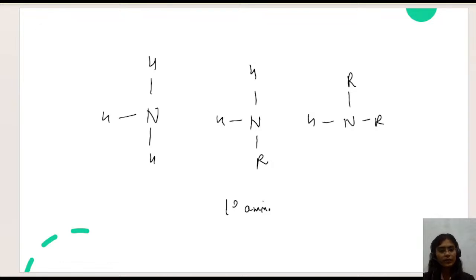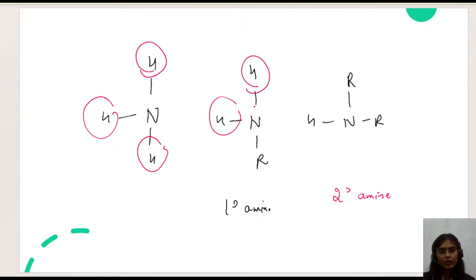Note something: as the degree starts increasing, from primary, secondary to tertiary, what is happening? First three hydrogens, now two hydrogens, now only one hydrogen. That is simply hydrogen bonding. In this case, three hydrogen bonds, in this case only two, and in this case only one.